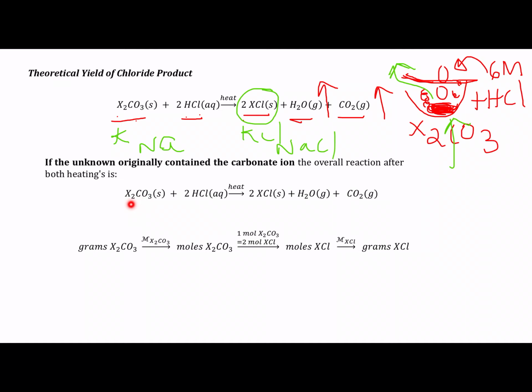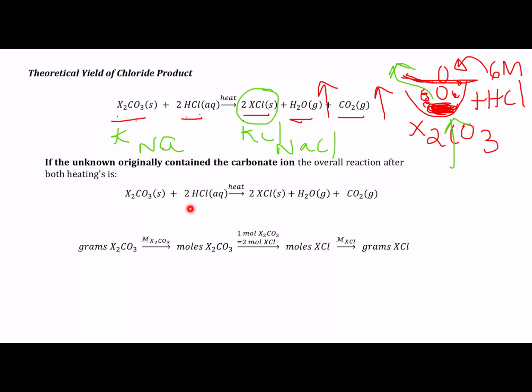And then the second heating, we took that metal carbonate, added hydrochloric acid, and it forms metal chloride, water and carbon dioxide. So the balanced equation would be M2CO3 plus 2HCl giving 2MCl, and then water and carbon dioxide in a 1:1 ratio.